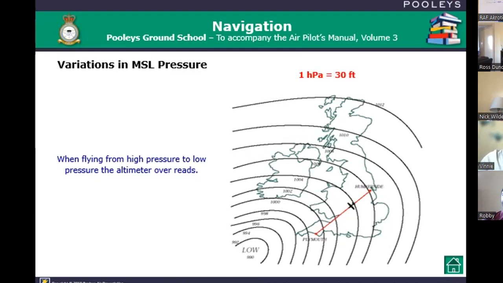In other words, we take off, we get the QNH, and we just keep flying, and we don't bother to update it. Well, this diagram says it all. It's saying when flying from high pressure to low pressure, the altimeter overreads. In other words, you're actually lower than you think you are.